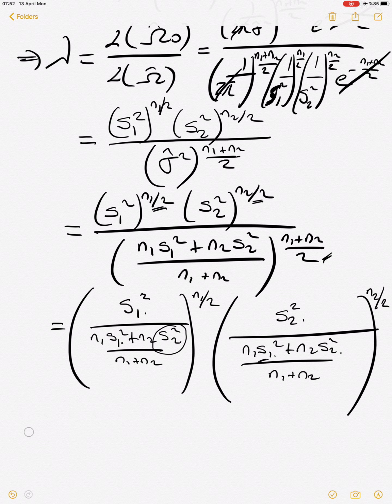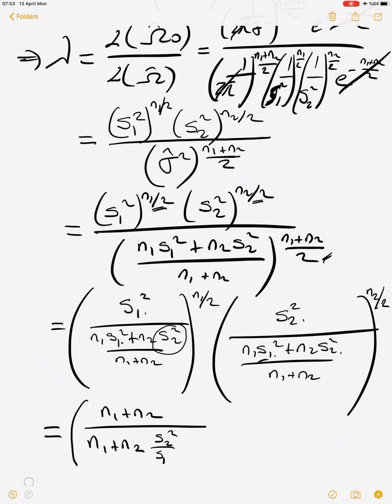So let's do this to both sides. So we will have (n1 plus n2) in the numerator, and n1 plus n2 times s2 squared over s1 squared.